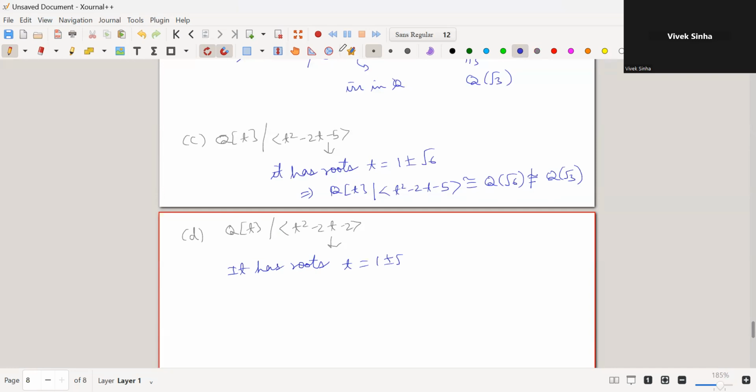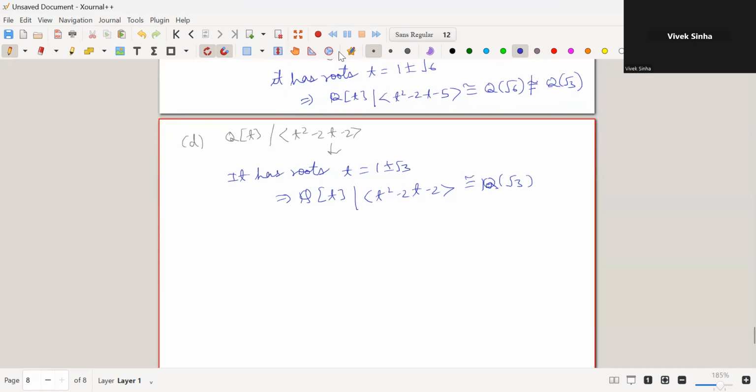So this is okay, right? So this implies Q[t] modulo t square minus 2t minus 2 is isomorphic to Q(root 3). Okay. So yes, now that is fine. So let's move to the next question.